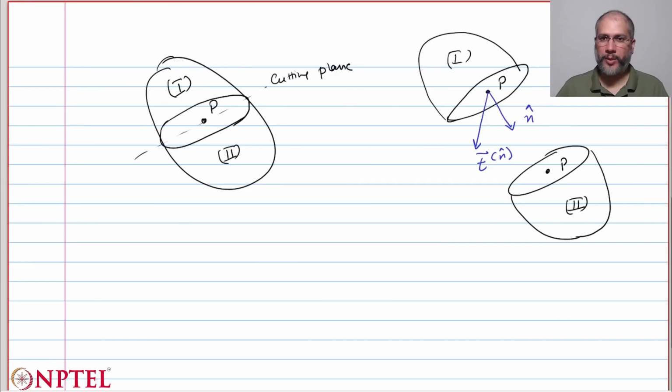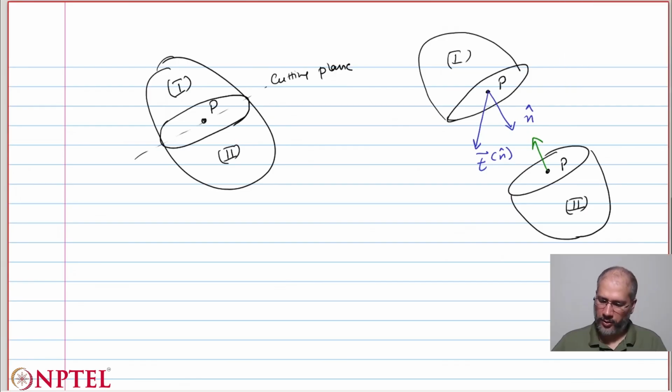Still we have the point P, and the normal in this case we'll call n1 hat, because that's a different vector, and then this may result in a traction which we'll call T with the superscript n1 hat. So the question for today is: how are these quantities T^n hat and T^n1 hat related? Are they related? And if yes, then how?